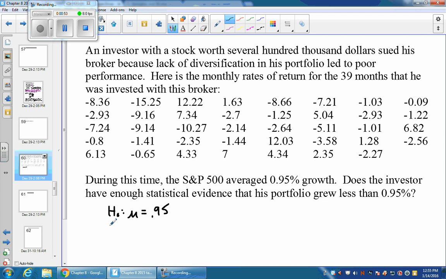And the person is claiming that it grew less than that. Now mu is the average percent growth in this portfolio.